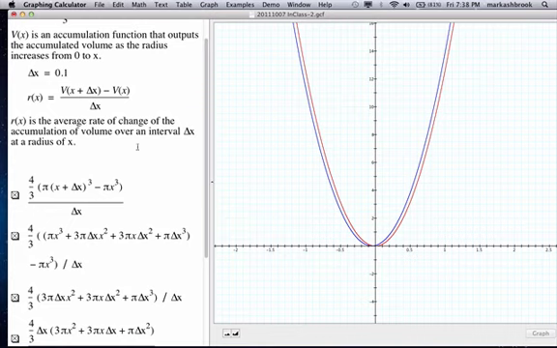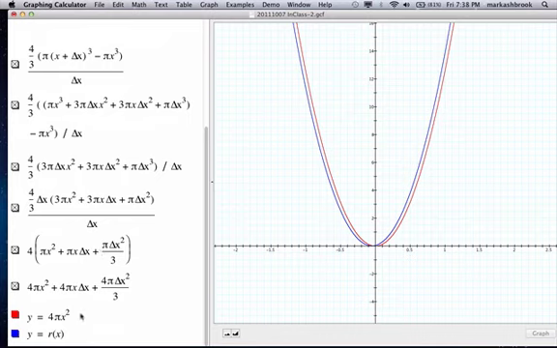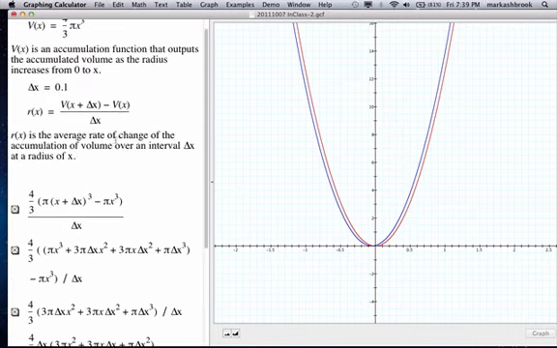And the red one is our true actual rate of change function of the accumulation of volume. So we want to find out, in this particular case, how small do we have to make delta x for them to be virtually indistinguishable. On this scale, they're clearly not the same.